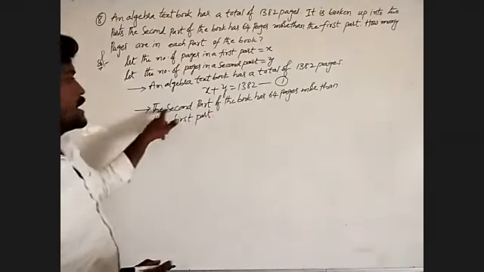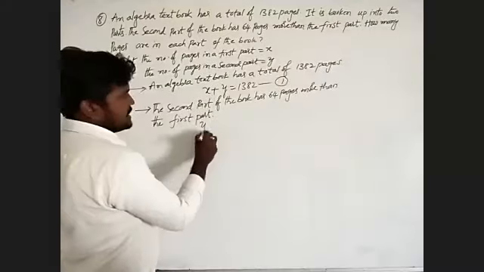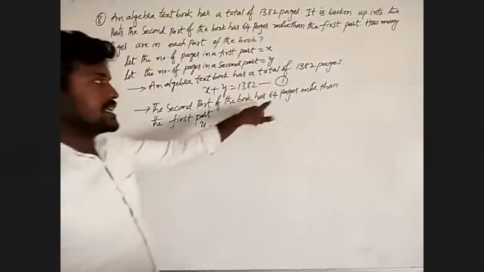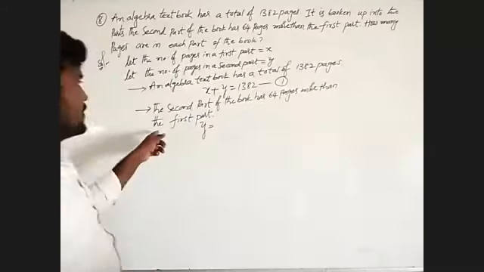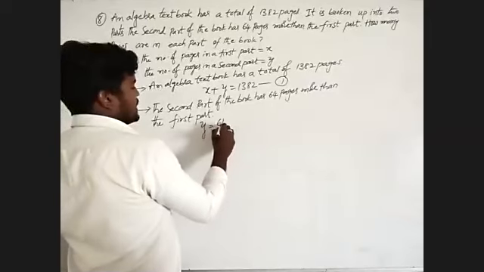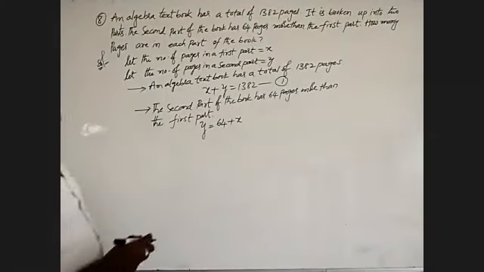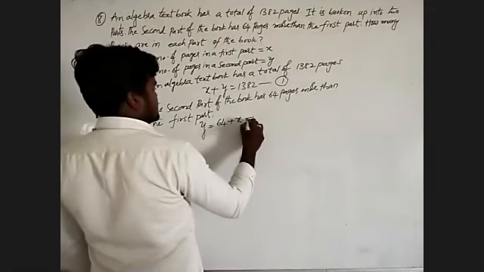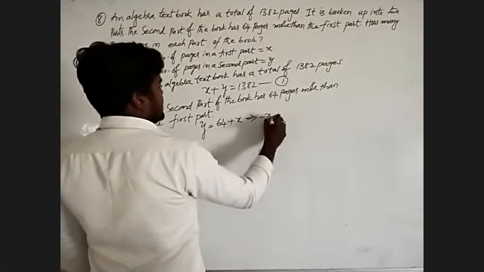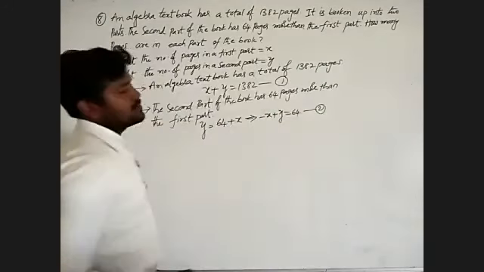The second part of the book, we take y, is equal to 64 pages more than the first part. First part we take x. Then that implies minus x plus y becomes 64. This is my equation number 2.